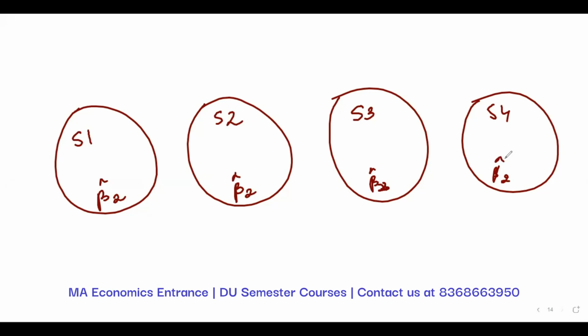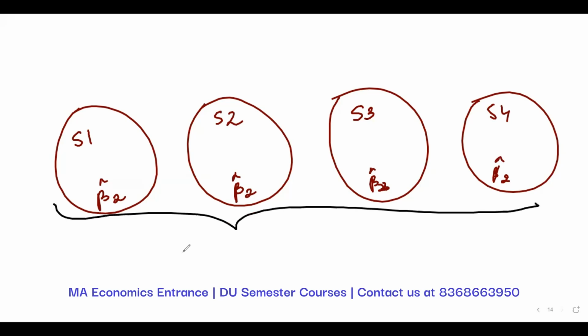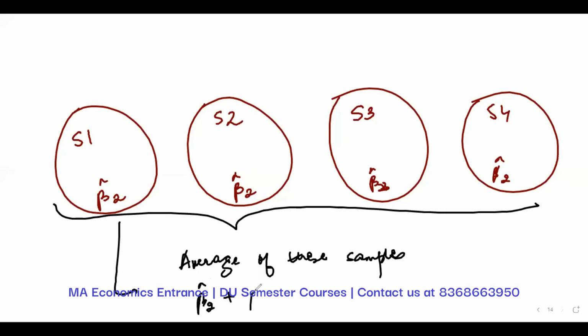But now supposedly we take the average of these samples. So I take the value of beta 2 hat from sample 1, plus the value of beta 2 hat from sample 2, plus from sample 3, from sample 4, and so on. I find this average.